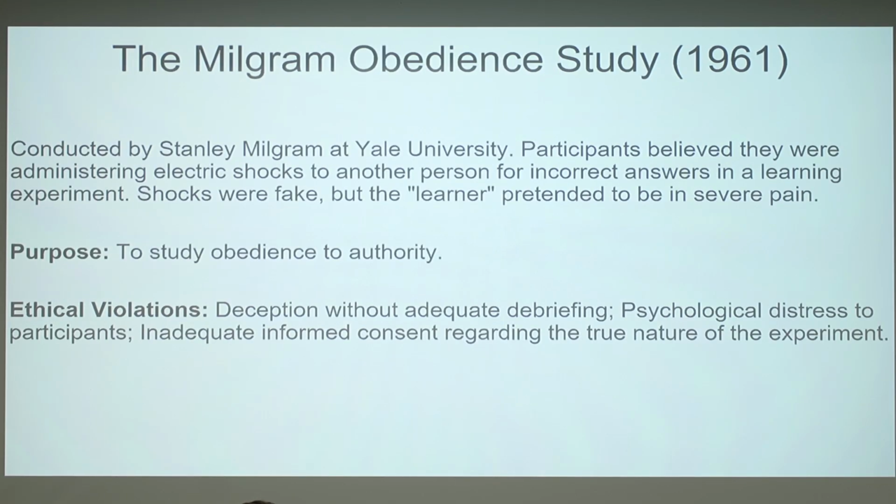At Yale University in 1961, the Milgram study tested obedience. What they did was have participants shock actors that didn't follow directions. The actors were faking pain of being shocked. They weren't really being shocked.